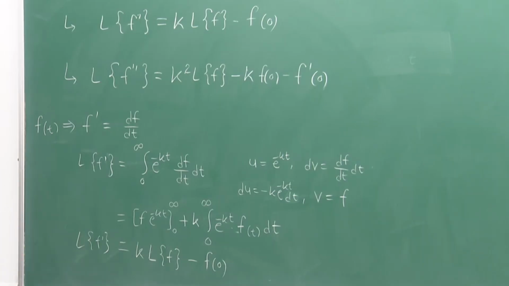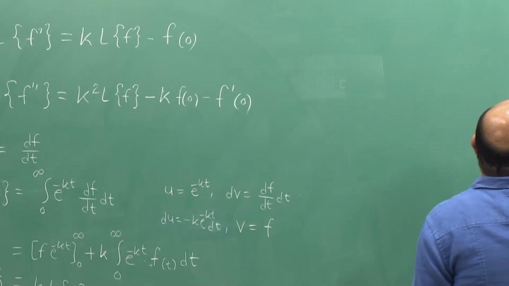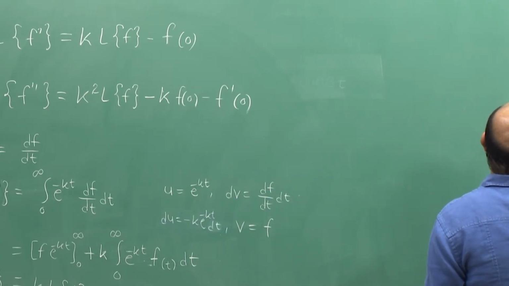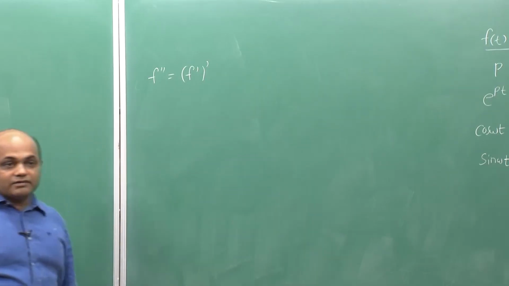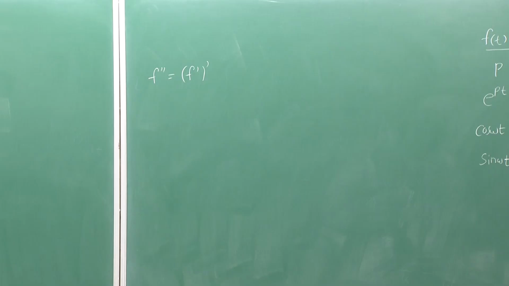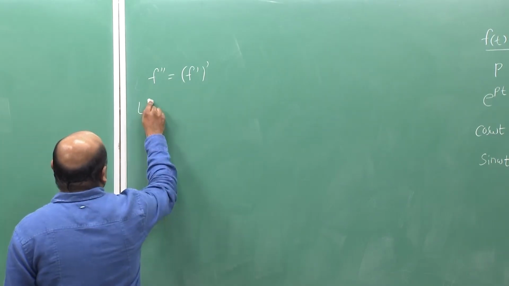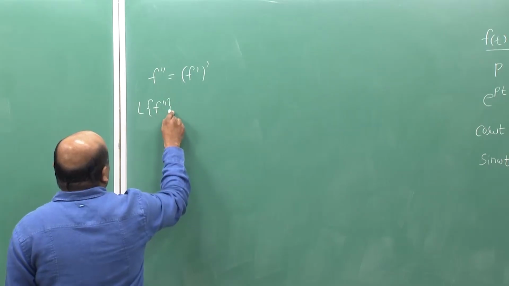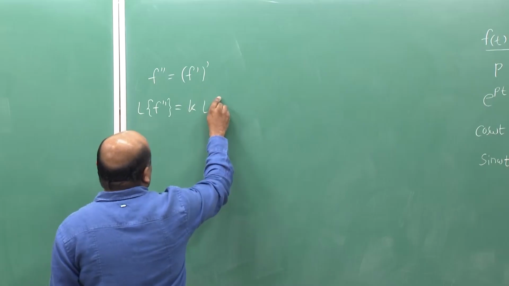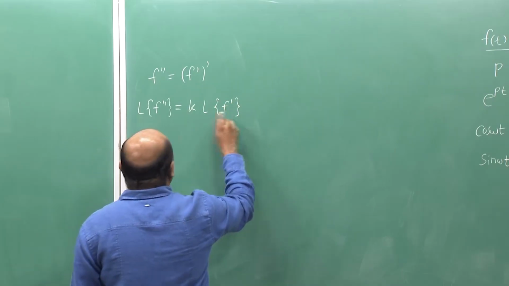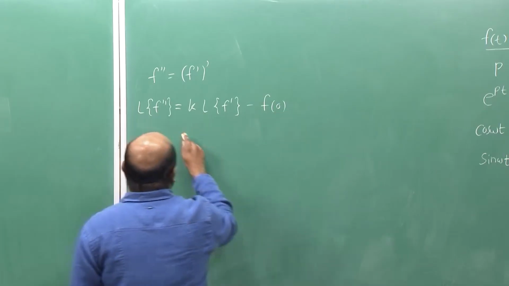For the second one, it is simple. If we have the first one, because f double prime is nothing but f prime prime. So, we just substitute: L of f double prime is equal to k times L of f prime minus f of 0.